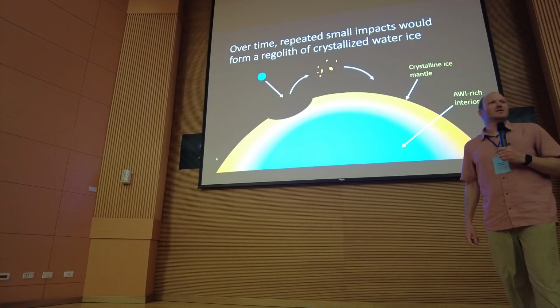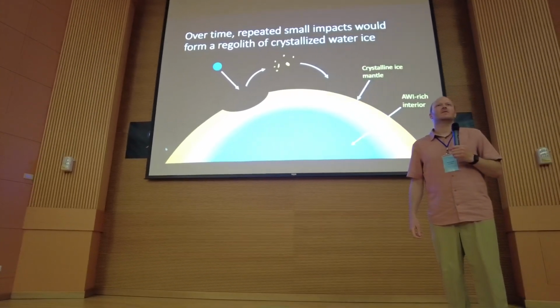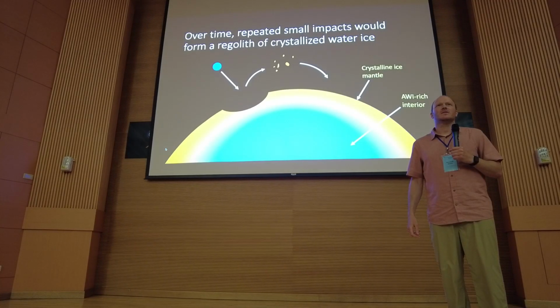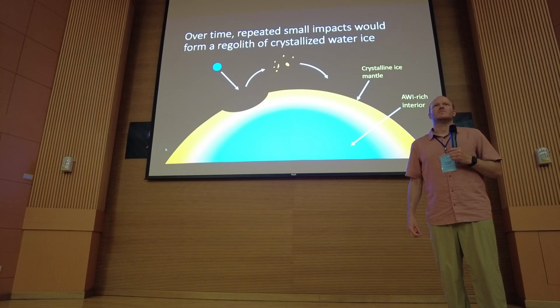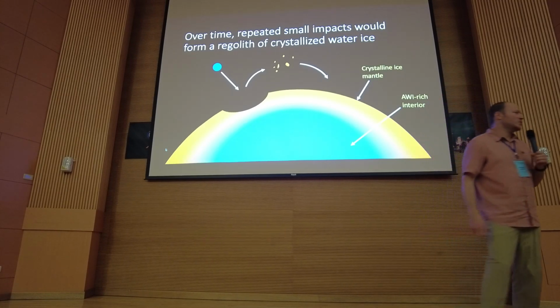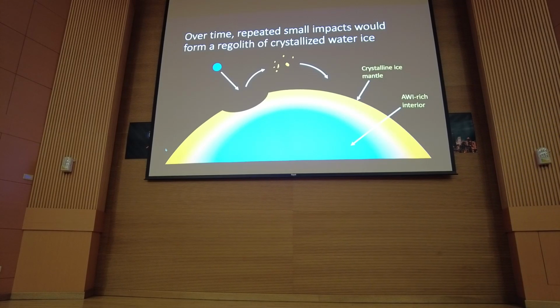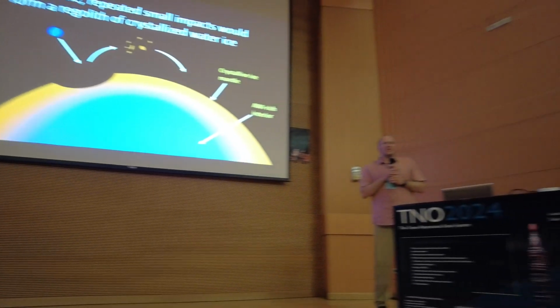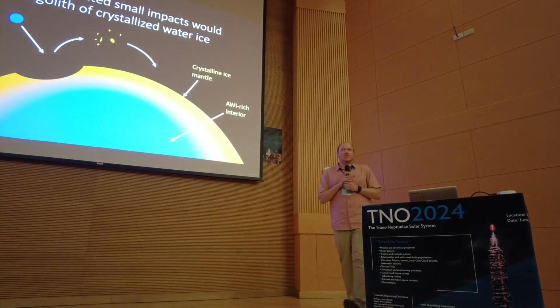Hi, I'm Aaron from UBC. You said there are microporosity and macroporosity. How do you measure microporosity? That's a good question. The short answer is I haven't been involved in the spacecraft, but I believe it was done.